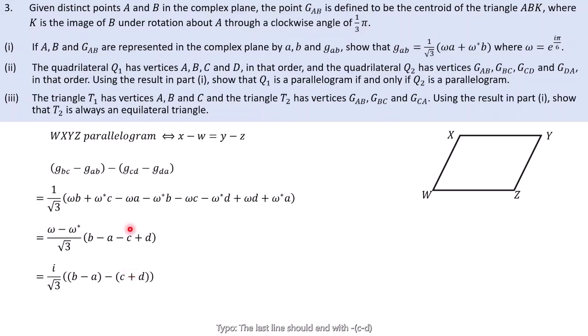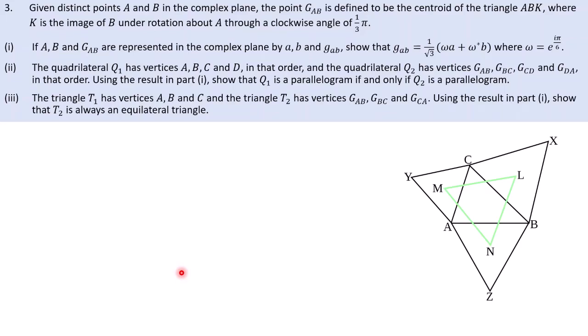So indeed, this thing is 0, or rather Q2 is a parallelogram if and only if this thing is 0, if and only if Q1 is a parallelogram. So there we have it for part 2. A bit of an interesting complex number way to show parallelogram properties.